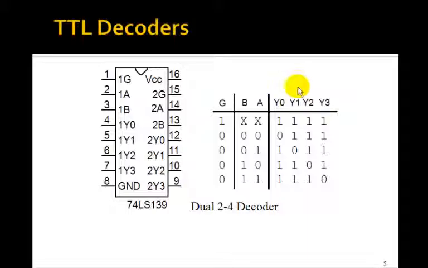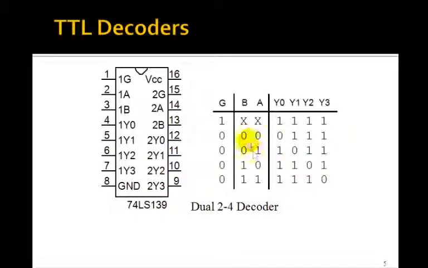Incidentally, this decoder can also be used as a demultiplexer. You remember multiplexers took, say, 4 inputs and fed them to 1 output depending upon the control signal. Here we can think of the control signals as being B or A. Here the input is G, and now there are 4 outputs.